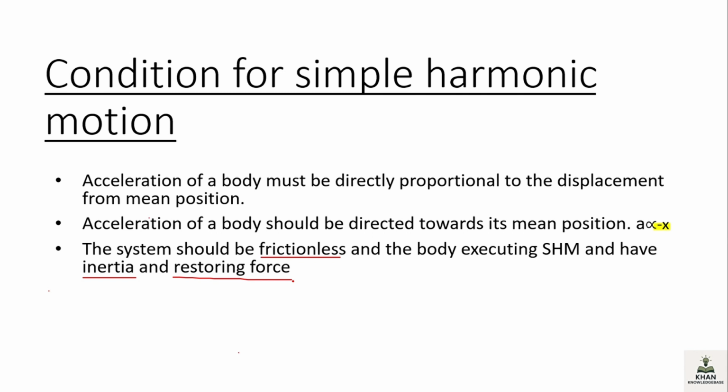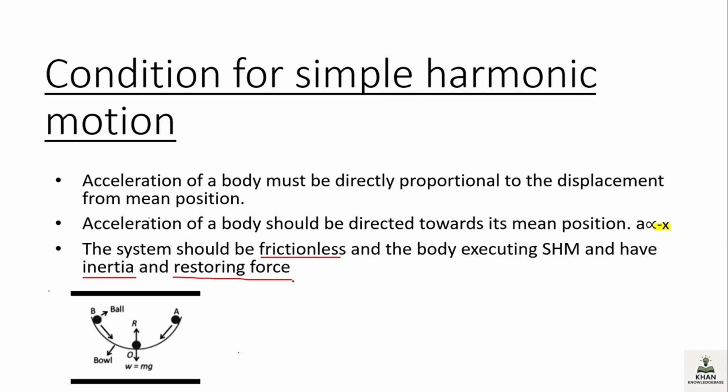For example, in the ball and bowl system, at position O the ball gets maximum speed and, due to inertia, moves towards the extreme position B. While moving towards the extreme position B, the speed of the ball decreases due to the restoring force, which acts towards the mean position.